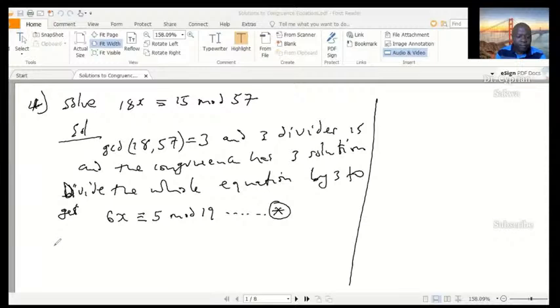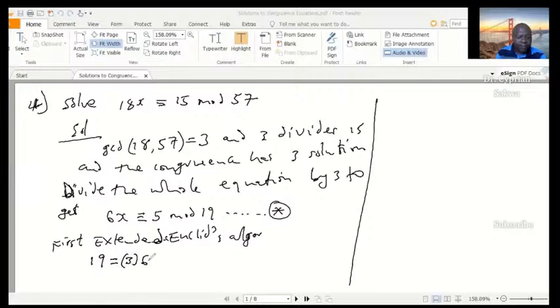First, let me use the Extended Euclid's algorithm, or Euclidean algorithm. Now, 19 can be divided by 6 3 times, and the remainder will be 1.